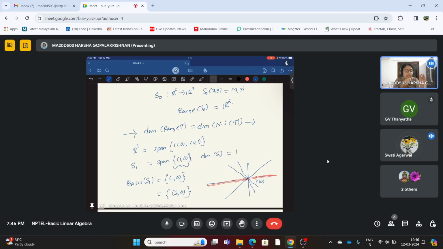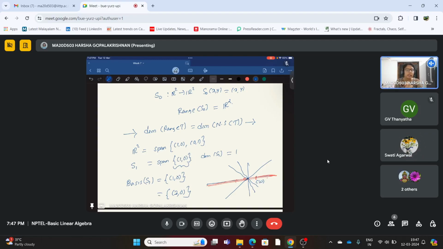And the range is a subspace of R2. That means the range can be either the zero dimensional subspace {0}, or the one dimensional subspace, that is any line, or the range can be the whole R2. Is that okay now? Because it is a subspace.